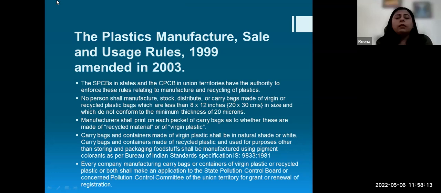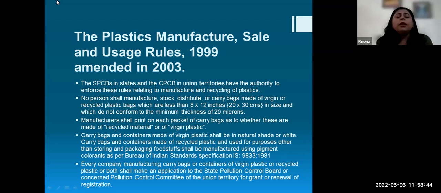That is why thickness is so important in all plastic waste related matters: the lower the size and the lower the thickness of the bag or material, the less it will be collected, and there is the least chance of it getting segregated and disposed of to the final stage. So that's why we should conform to the minimum thickness of 20 microns.